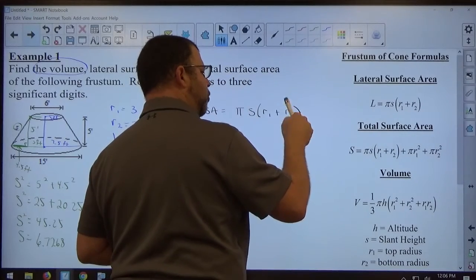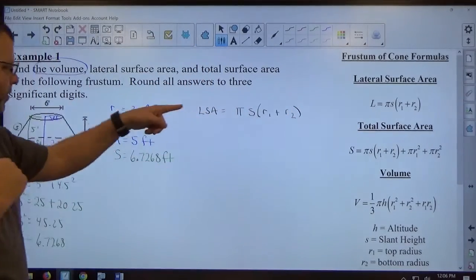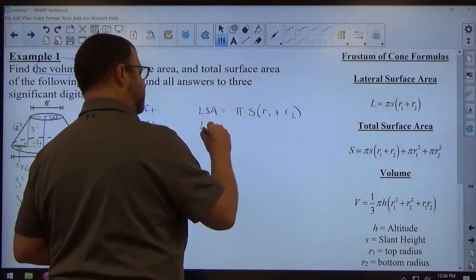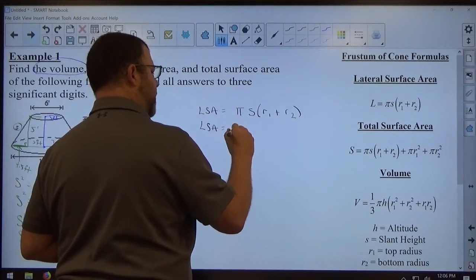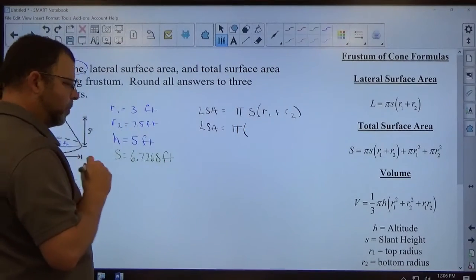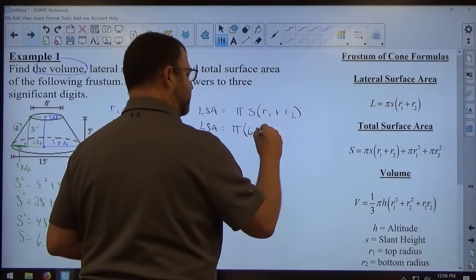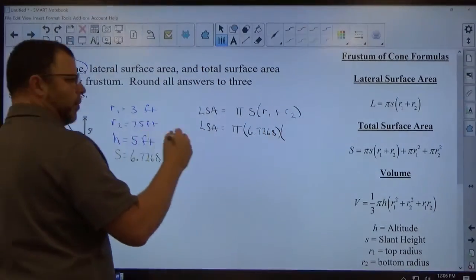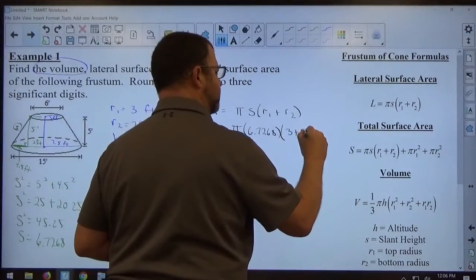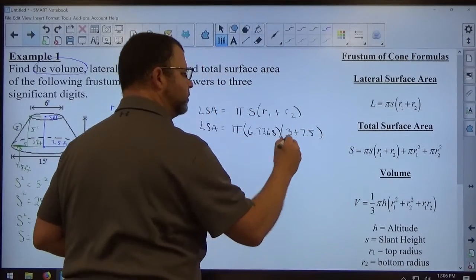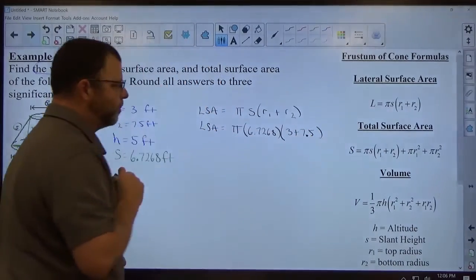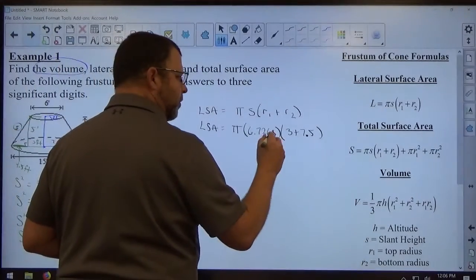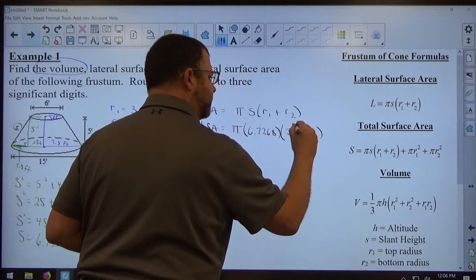And we're simply applying a formula here. S, r sub 1, and r sub 2 are all over here. So to find my lateral surface area, it's going to be pi times 6.7268 times 3 plus 7.5. 3 plus 7.5 is 10.5.